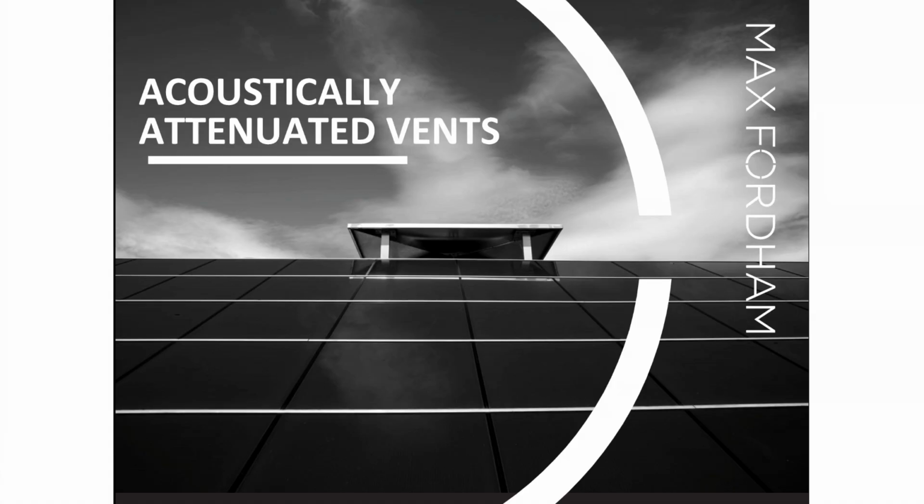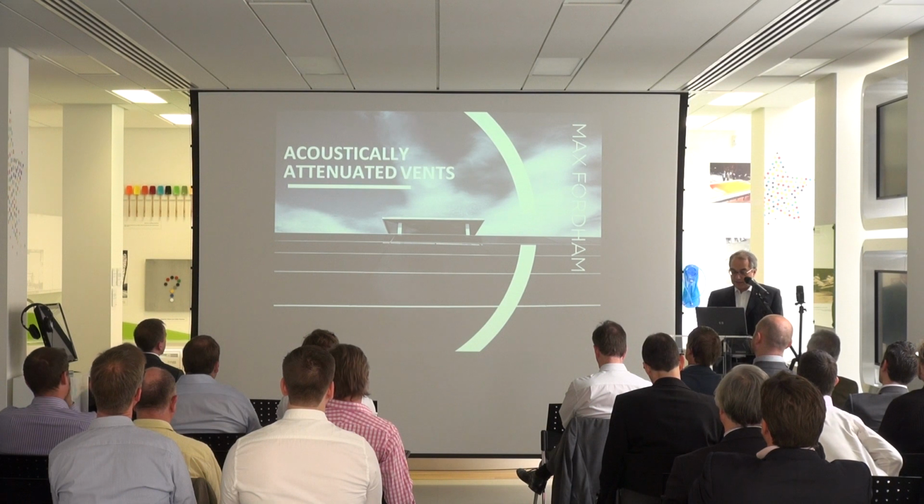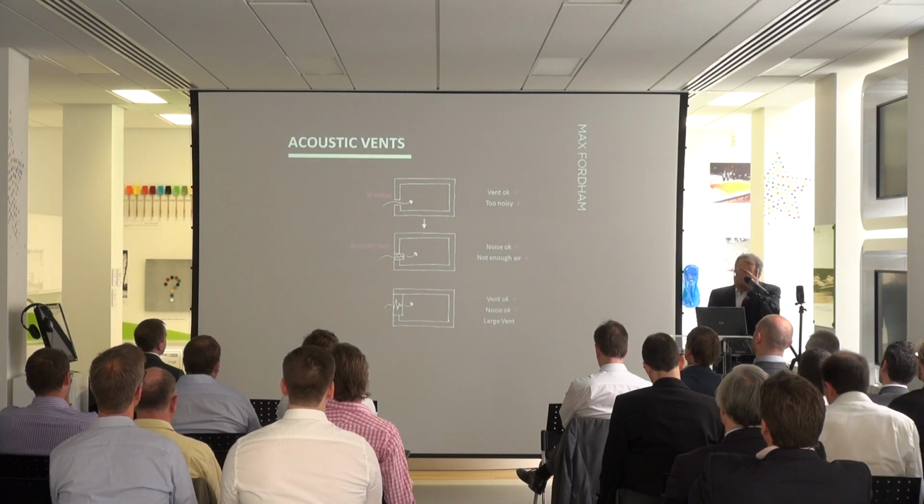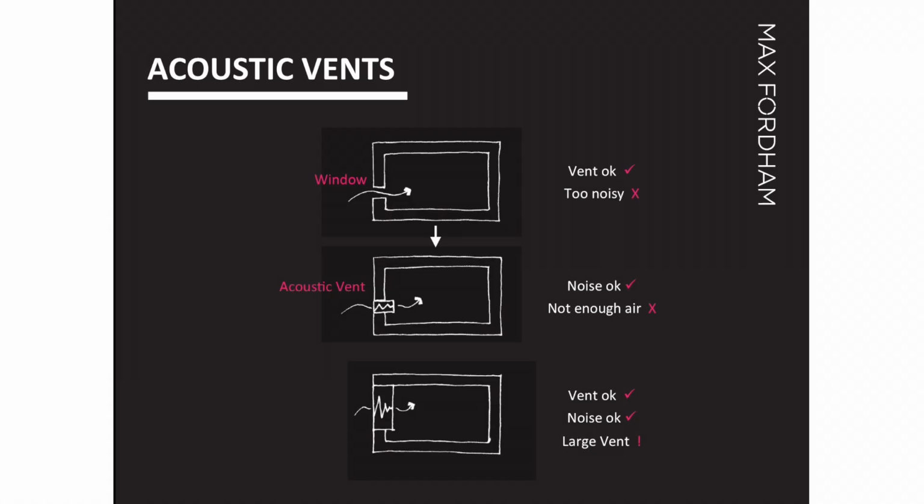So, acoustically attenuated vents. We can have a window, and then we are fine with the ventilation, but then it will be too noisy. Or the second option is to have an acoustic vent, which will reduce the noise, but then we may not have sufficient air.